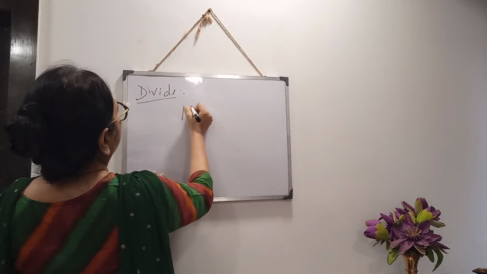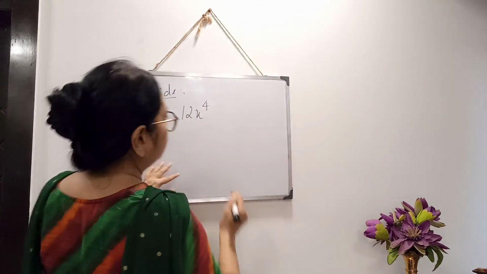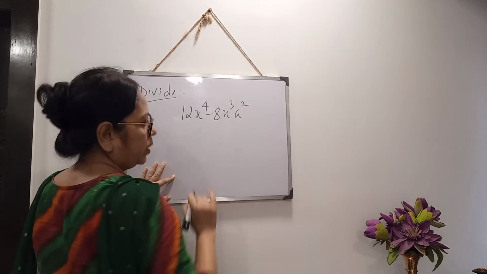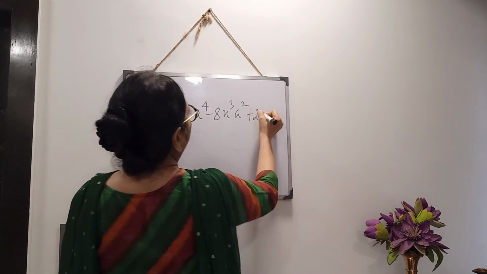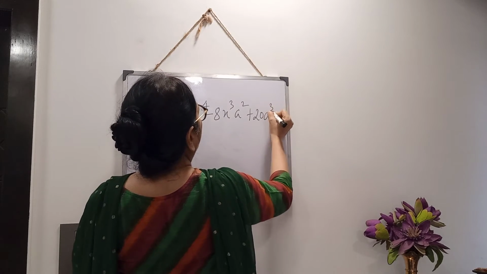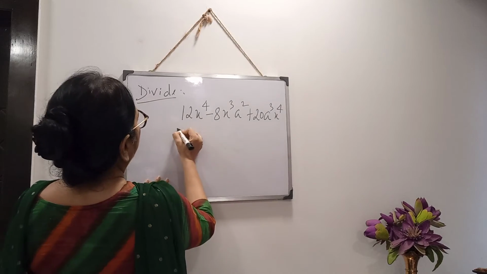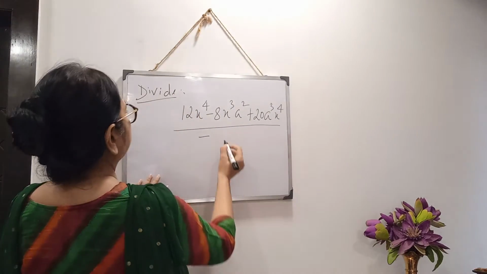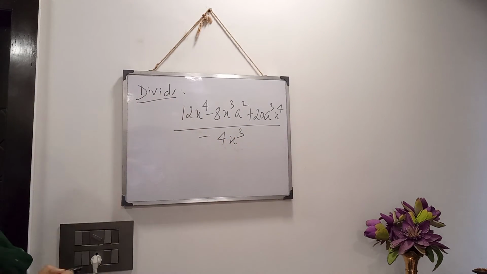See, divide this 12x to the power 4 minus 8x cube square plus 20a cube x to the power 4 by minus 4x cube. This is the question, that divide this by this.